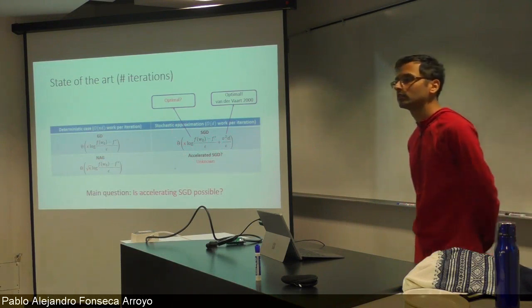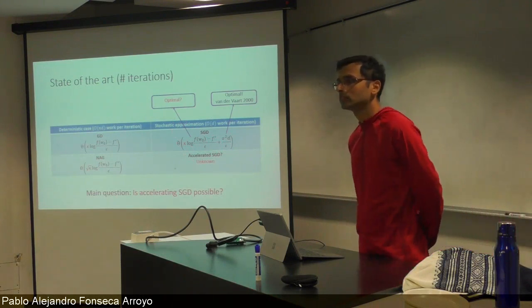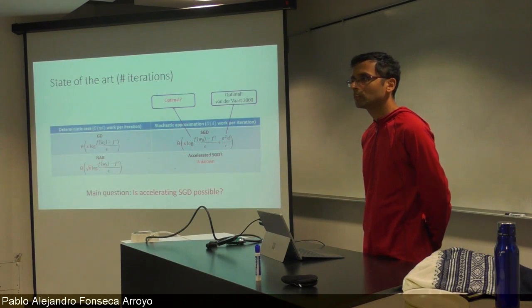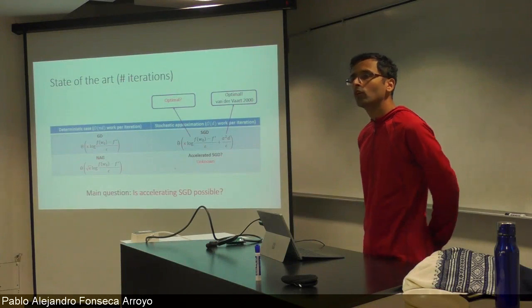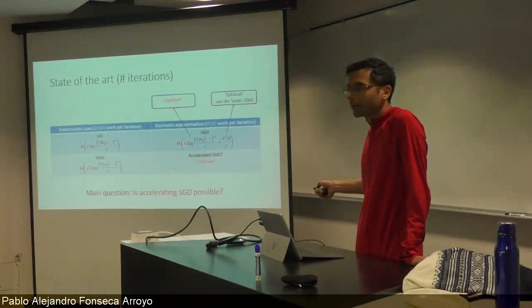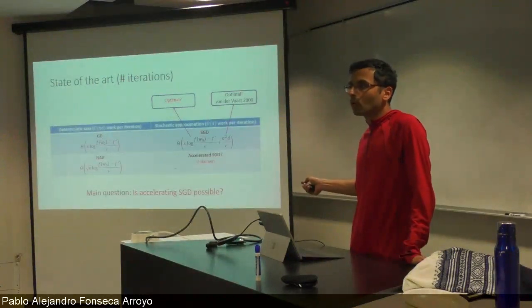I'm used to seeing 1 over square root epsilon for the variance term. Can you explain why it would be 1 over epsilon? Because you're already looking at this square loss, right?